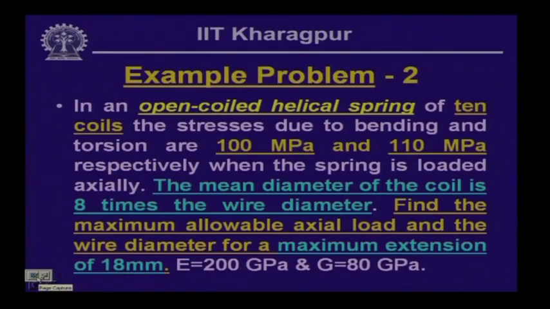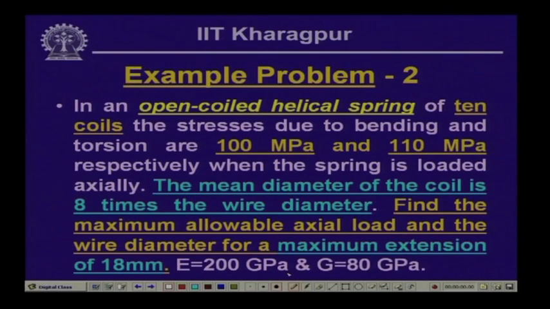Well, let us look into another example of this open coil helical spring. In an open coil helical spring of 10 coils, the stresses due to bending and torsion are 100 MPa and 110 MPa respectively. Now, when the spring is loaded axially, the mean diameter of the coil is 8 times the wire diameter.